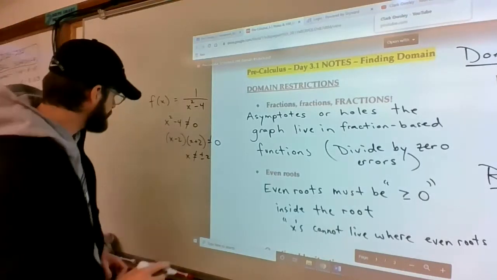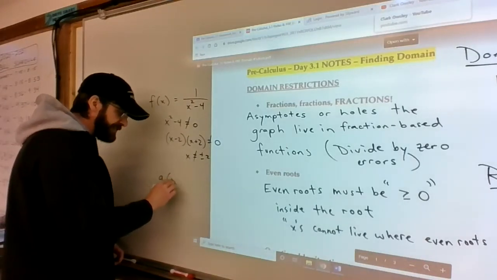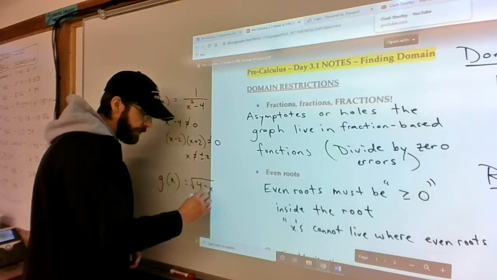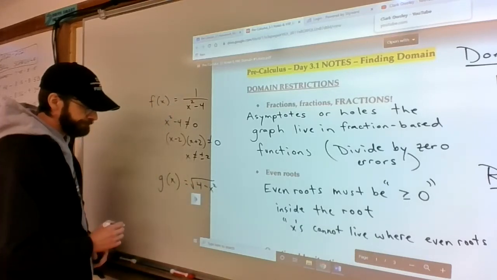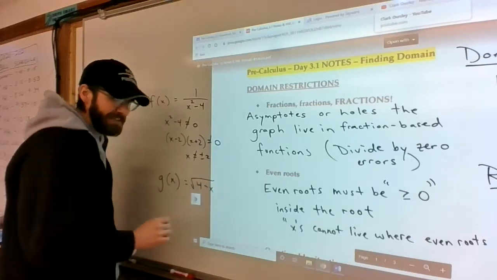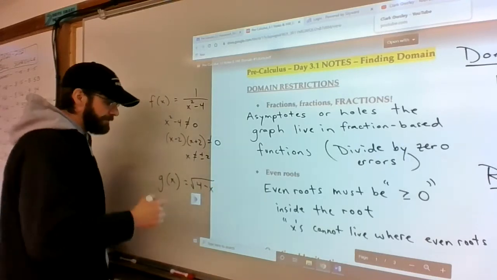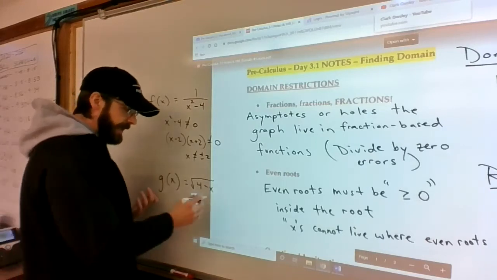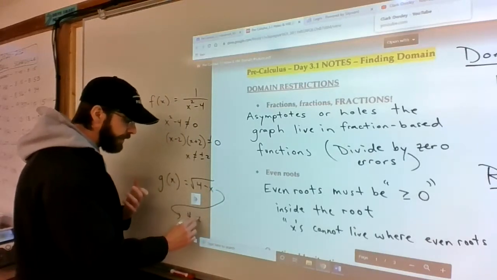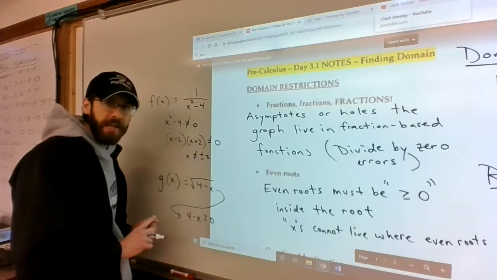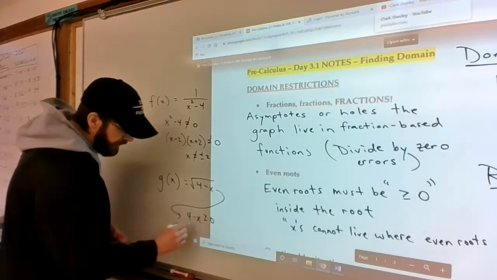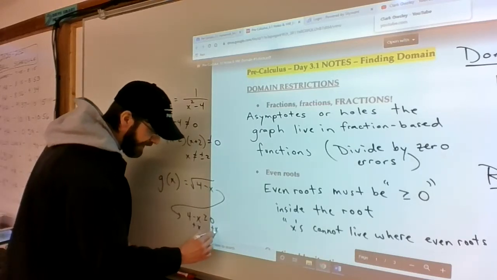And for even roots, if you had g of x equal to the square root of 4 minus x. Actually, that's not a good one to start with. How about just 4 minus x? Much better. The inside of this must be greater than or equal to 0, so the domain cannot go out of those boundaries. You could solve this inequality by adding x to both sides.